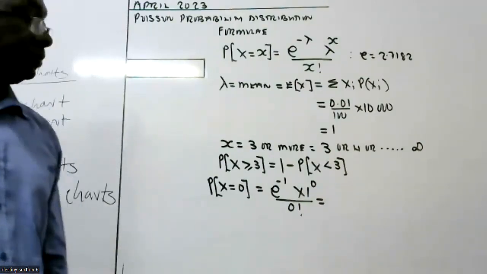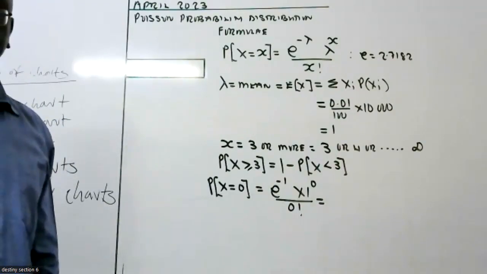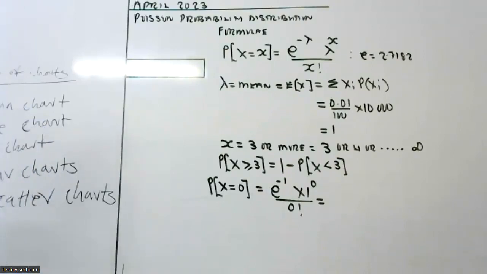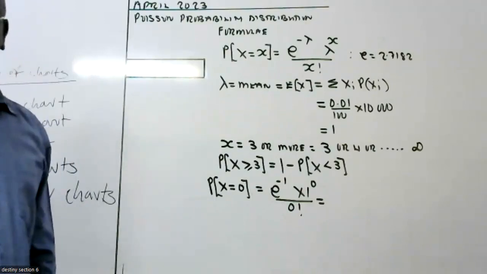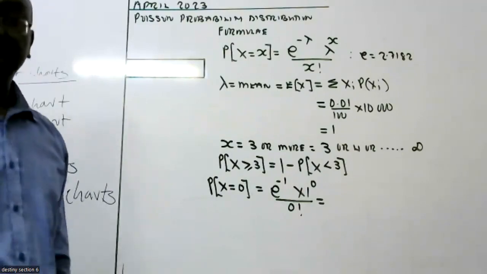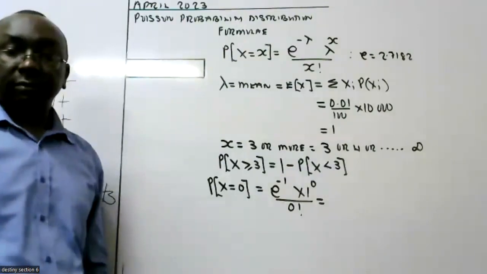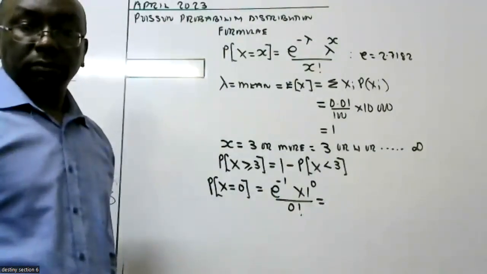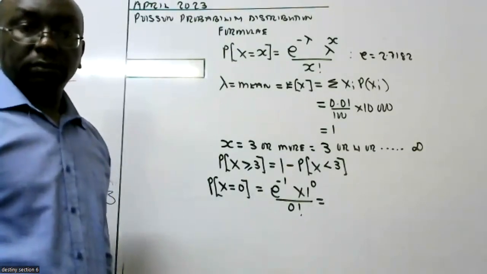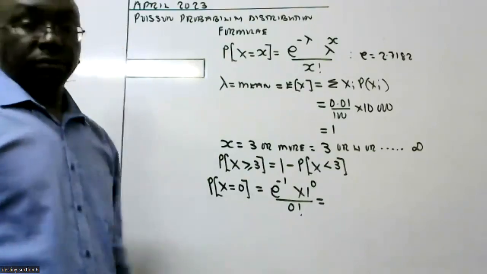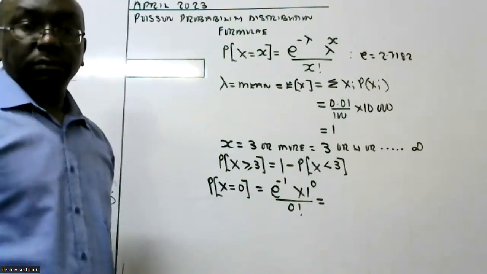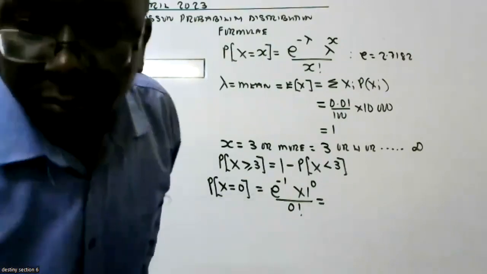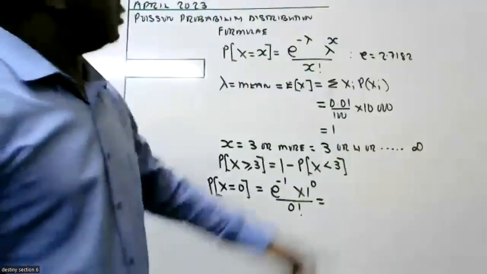To 4 decimals, give me the answer. With this speed, will we finish even one question, friends? Say it is 2.7182.